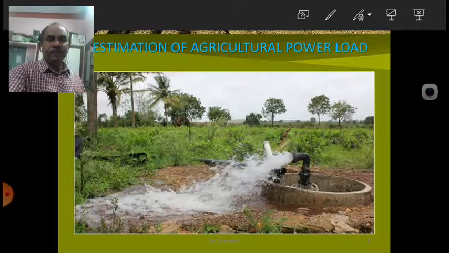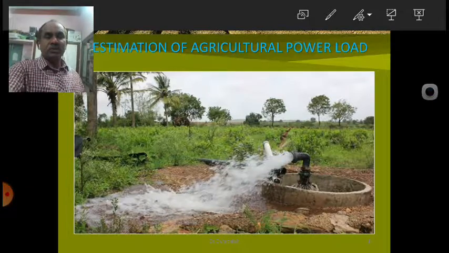You can see a farmer is going to use different 3-phase squirrel cage induction motors at his fields, away from his home.